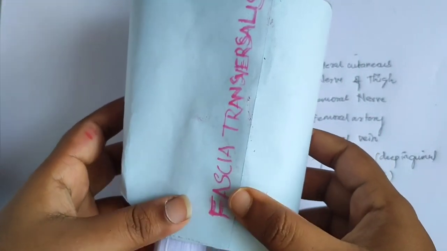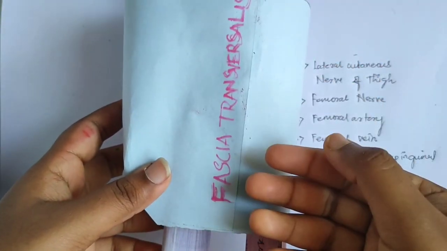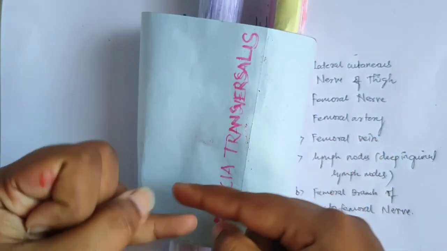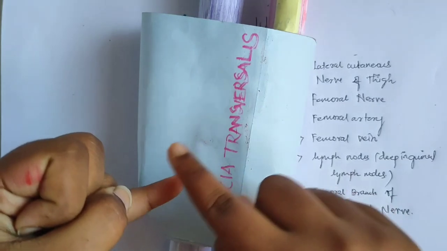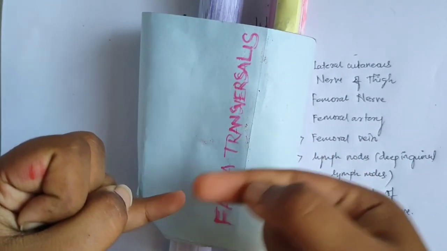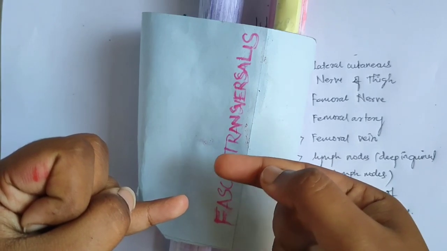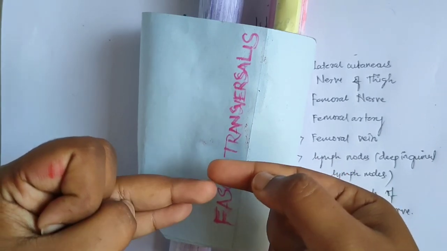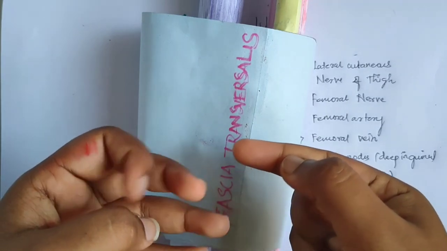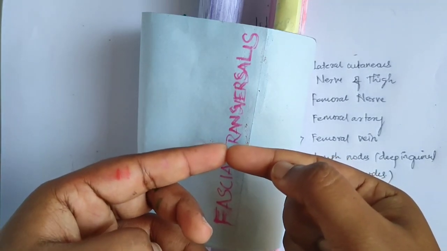This fascia transversalis is extending from the abdominal wall. We already know that the abdominal wall is formed by the skin as the first layer, and deep to the skin we can see superficial fascia, then external oblique muscle, internal oblique muscle, and then transverse abdominis muscle.